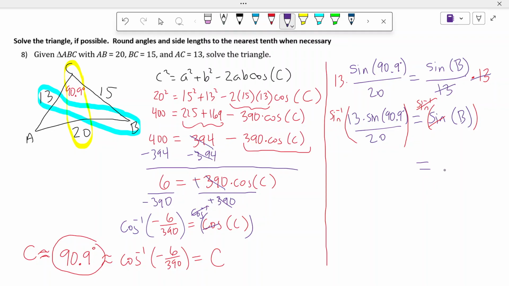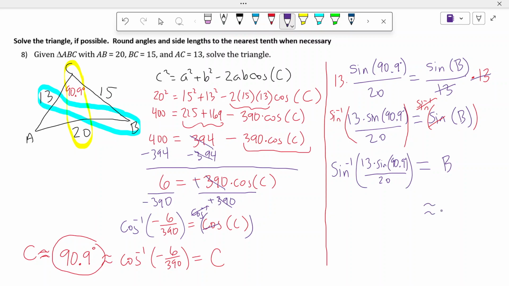Now we've got angle B all by itself, and really it's just going to be this mess. If we type this in the calculator, it's the sine inverse of 13 times the sine of 90.9 degrees all over 20.